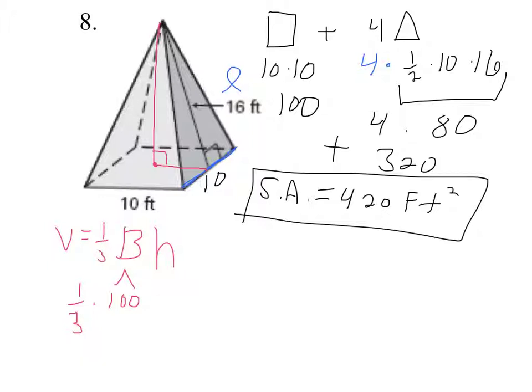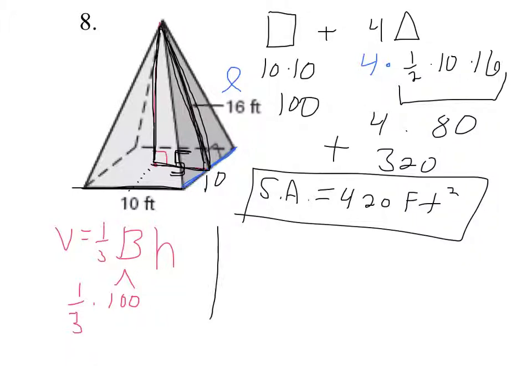Do you see how that forms a right triangle? It goes through the middle of the pyramid, and we have a right triangle in there. We know the hypotenuse of this right triangle is 16, and we know this bottom part here is 5, because if the whole square is 10, this goes halfway across.